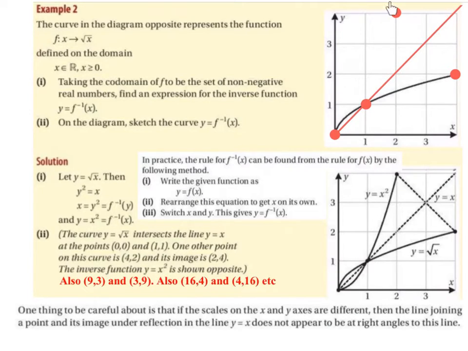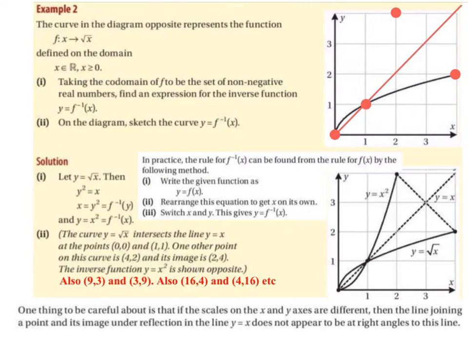So basically, if I join these points together, they end up forming this curve here, which is the inverse. So this is y equals x squared, and that is y equals the square root of x. So they are the inverse of each other. If I was to join these points together, I would end up with y equals x squared, which is the inverse of my original function, y equals the square root of x.